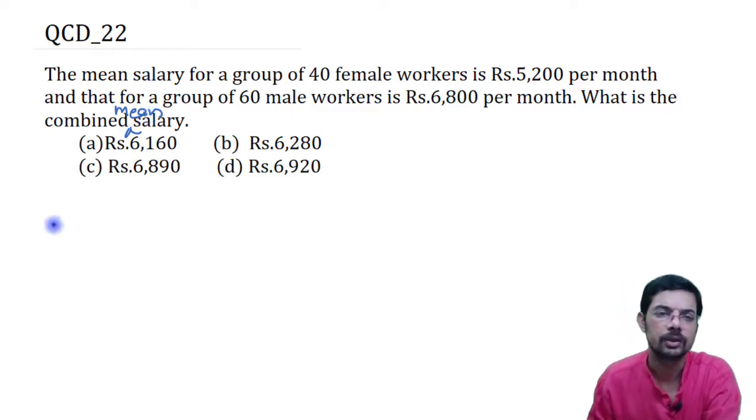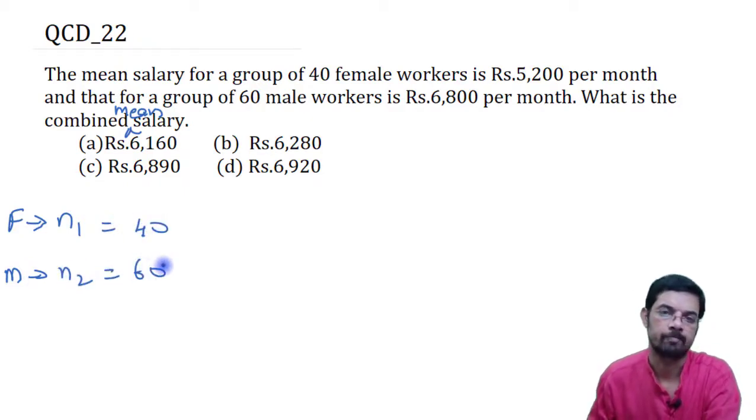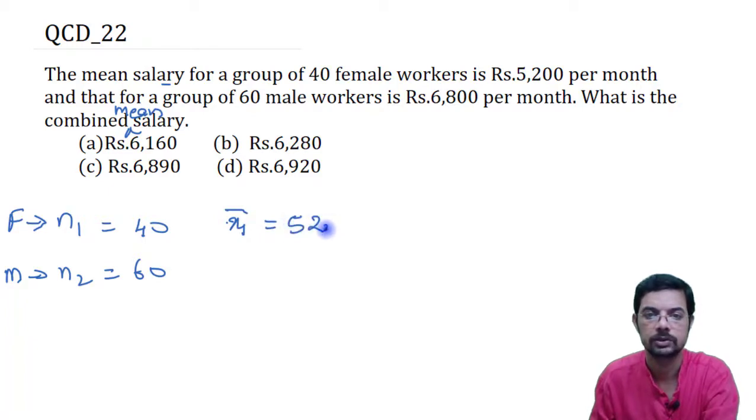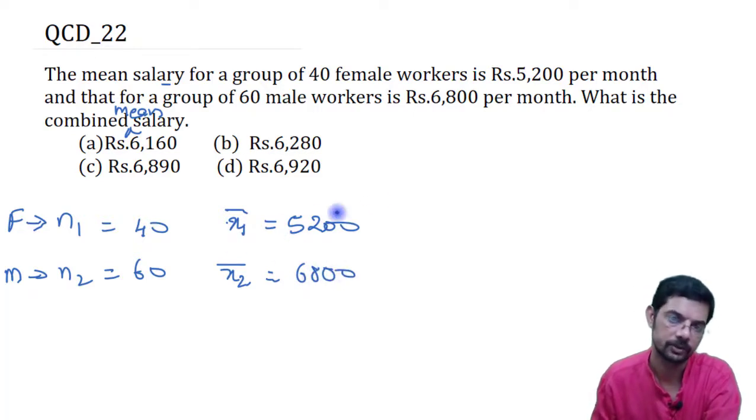So again, we know that here N1 is for female and then we have male. N1 is equal to 40 and N2 is equal to 60. And here the mean of the female workers is x1 bar, x1 bar is equal to 5200, and x2 bar will be equal to 6800 rupees.